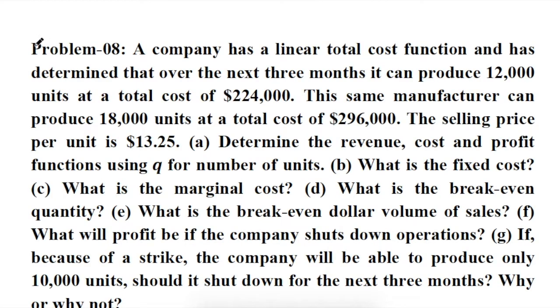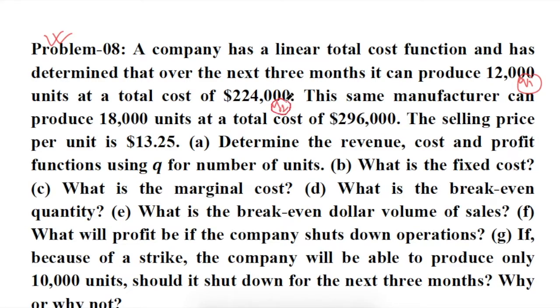So now let us try to understand our last problem in this part. A company has a linear total cost function and has determined that over the next 3 months it can produce these units at a total cost of this amount. So this one will be your Q1, and this is exactly the same as what we did before.